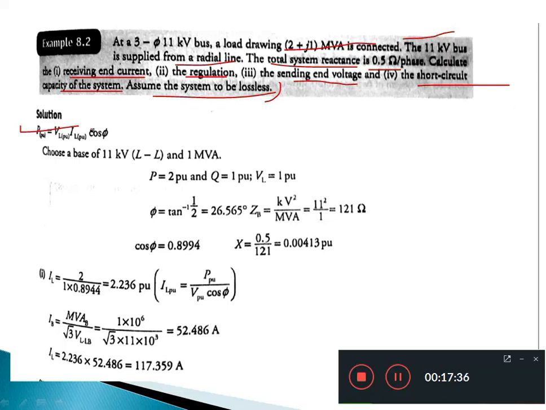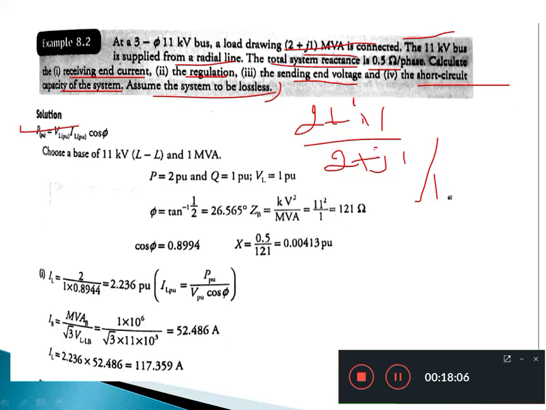So then, if you choose the base MVA, P equals 2 PU and Q equals 1 per unit. So on base MVA this is 2 plus j1 divided by the base MVA of 1.